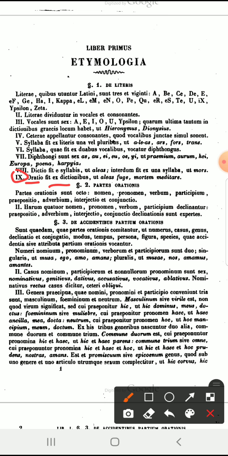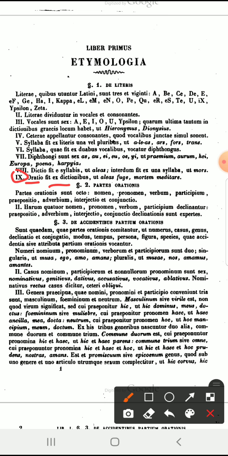So by learning about one class of words, we'll understand the important qualities of hundreds or thousands of different words. This is the most efficient, the easiest way for us to study how to speak and write rightly, by learning the 8 parts of speech, or the 8 kinds of words. And that's what we're studying here in lesson 2.